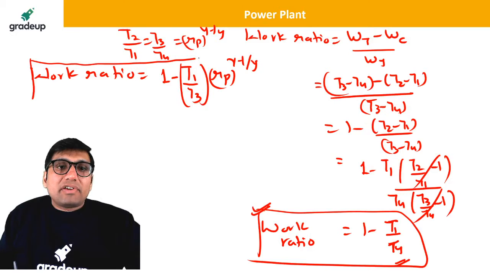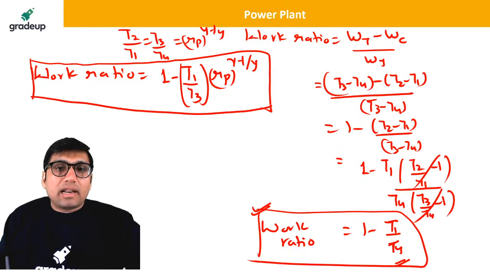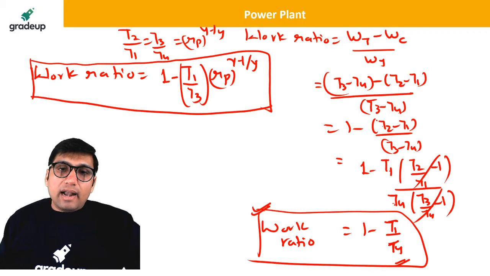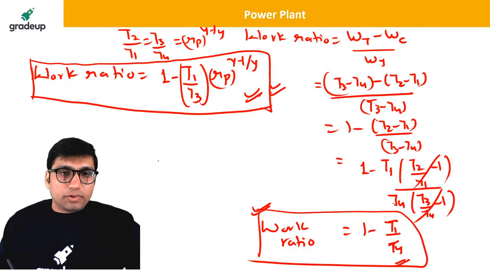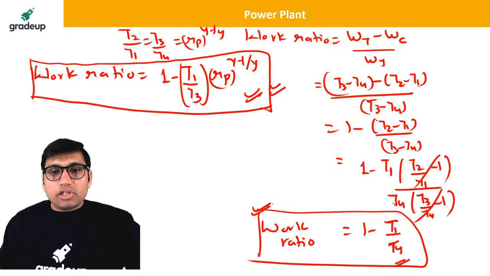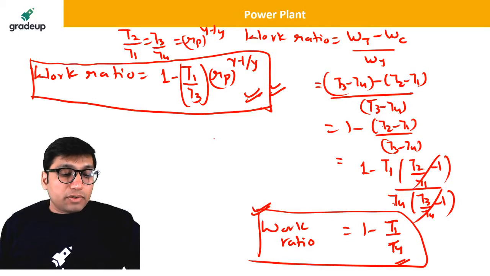I can do the derivation, but we don't have much time. If you take T1 and T3 common outside, ultimately from here you will be getting this relation. But I am not deriving the relation here because you have to remember this formula for work ratio. So if you know the work ratio, you can easily find the back work ratio.